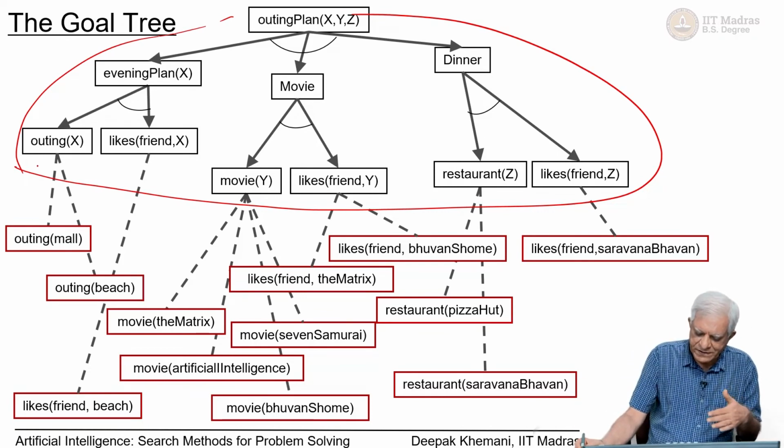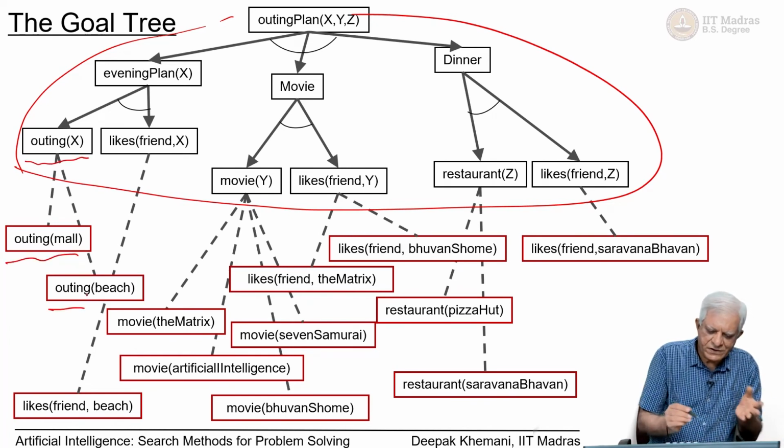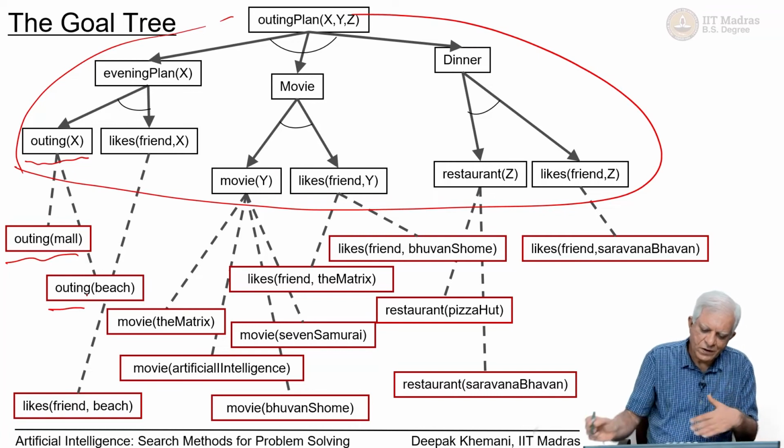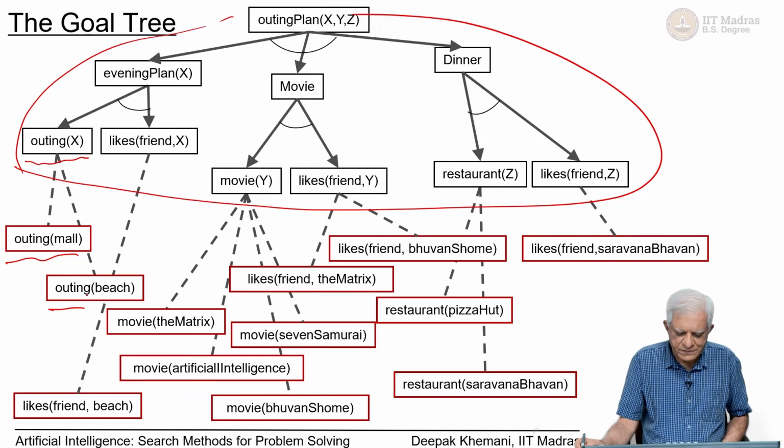The facts are there in red rectangles below, and you can see that these are the OR choices: if you want to talk about an outing X, you can either think of a mall or you can think of the beach essentially. So, that is an OR choice. On the top of the AND we had AND choices. So, just another way of drawing the same thing.